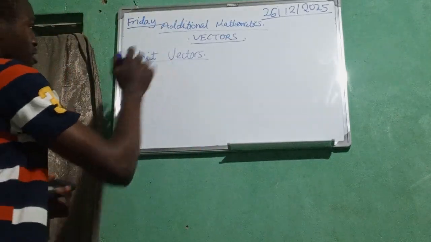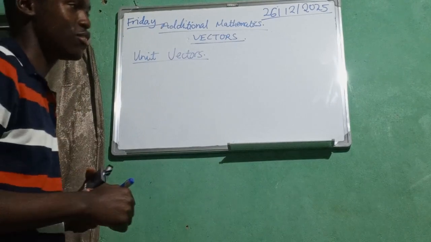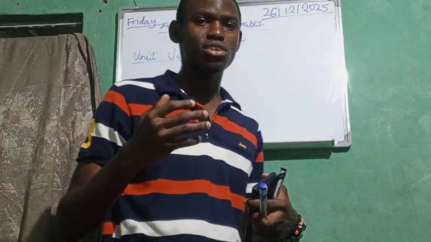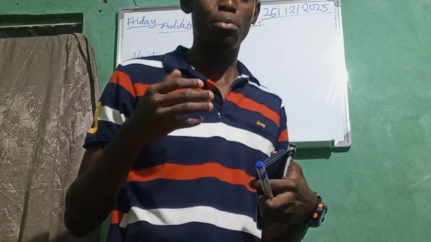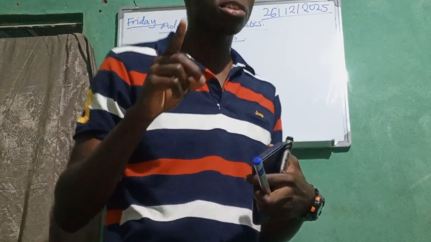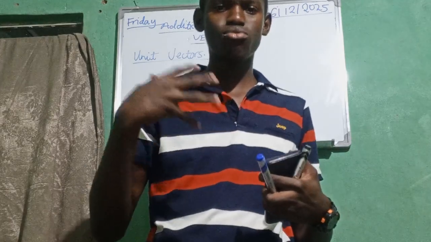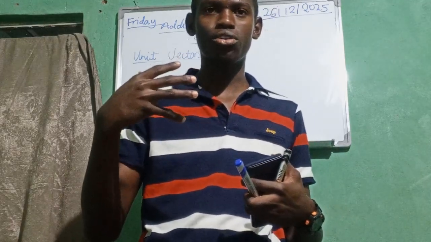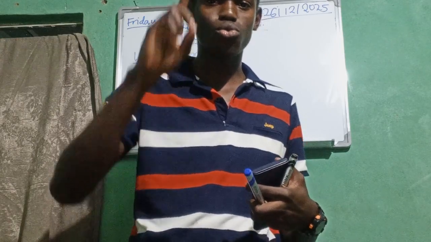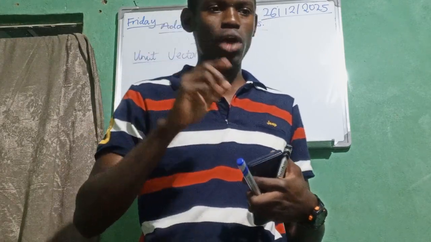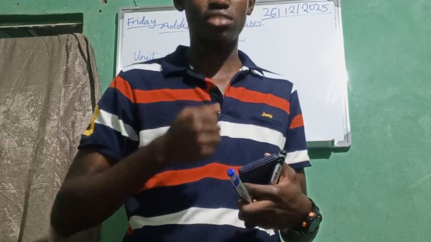Okay, unit vectors. When you think of the word unit, it means you are talking about something that is one. Unit represents one, a unit length. When we say a unit length, we are saying a length measuring 1. So why do we say unit vectors?